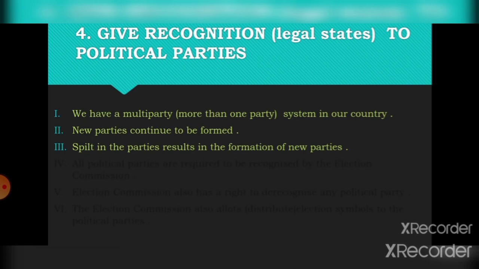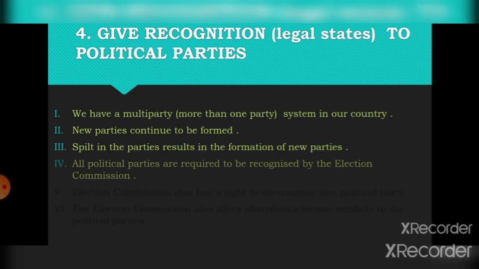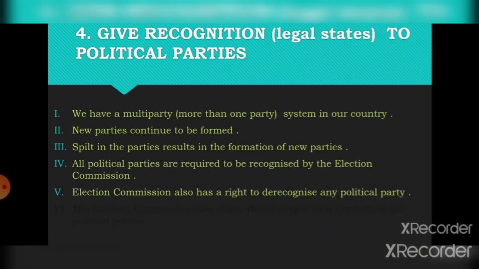Split in parties results in formation of new parties. All political parties are required to be recognized by the election commission. So whichever the political party, it needs to take the permission from the election commission. The election commission also has the right to de-recognize any political party.